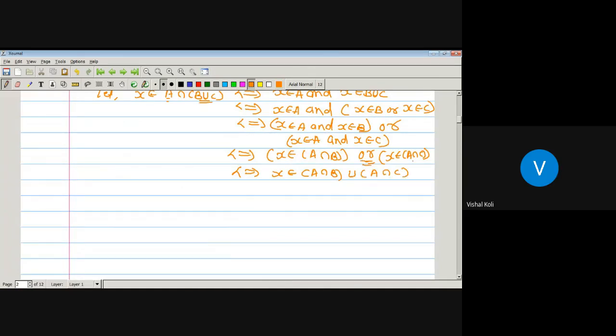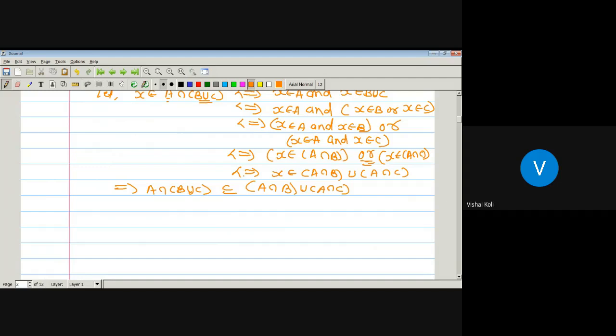As here there is an or, by definition it is nothing but the union. So here we have taken one X which is belonging to A intersection (B union C), and we get X belonging to (A intersection B) union (A intersection C), which implies the first set A intersection (B union C) is a subset of (A intersection B) union (A intersection C).